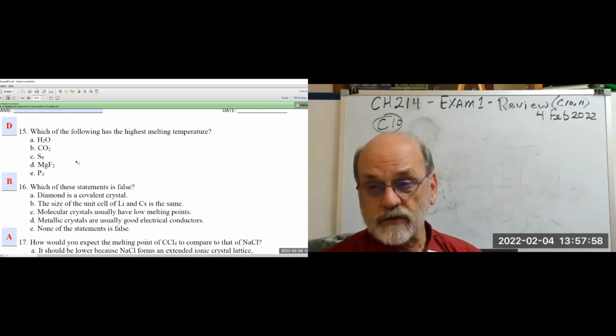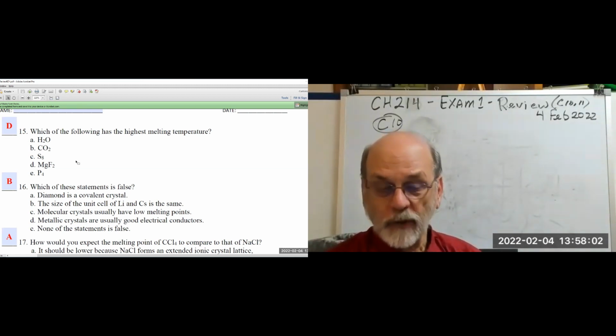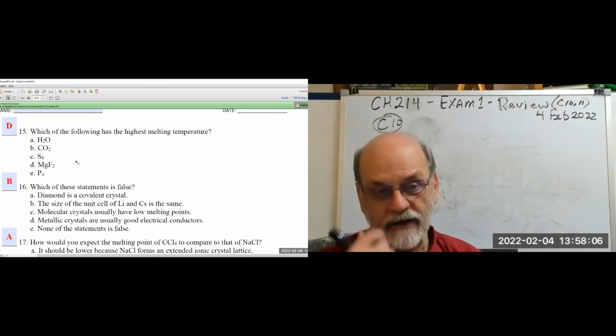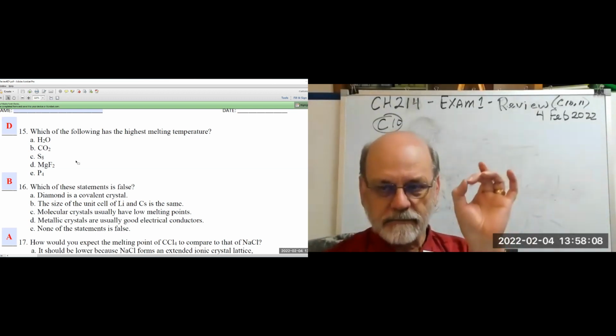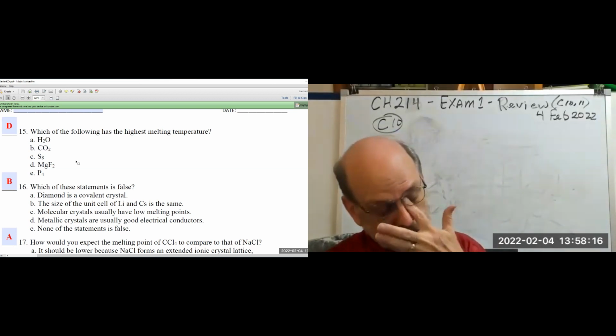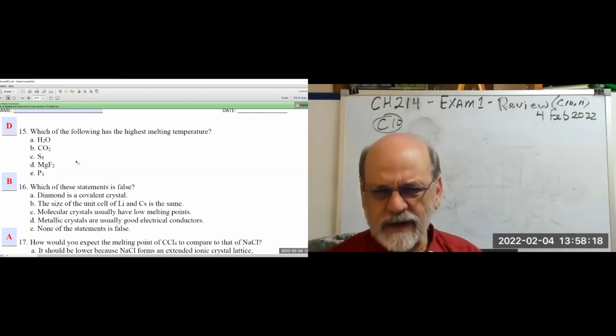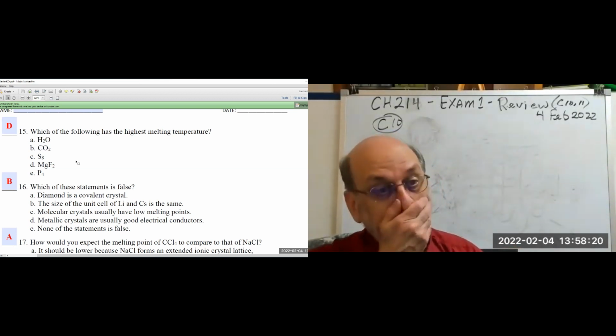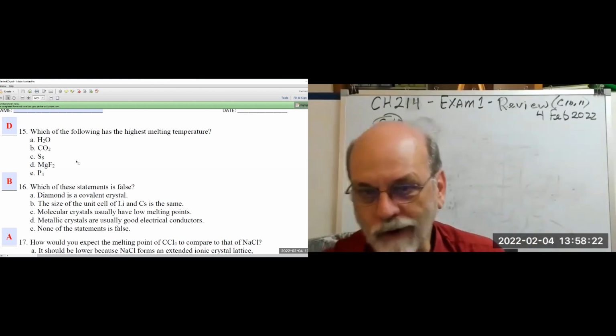So we couldn't use quartz glass, which would have been much more durable, but it would absorb ultraviolet. So we had to use magnesium fluoride as our lens. You had to be careful with it, because it was easier to scratch than quartz. But it has an extremely high melting point. So that's really a no-brainer.